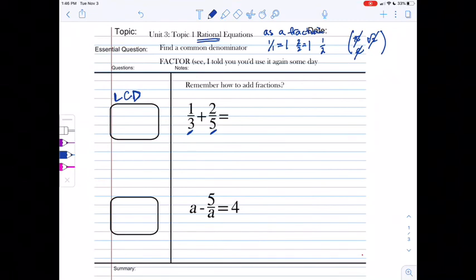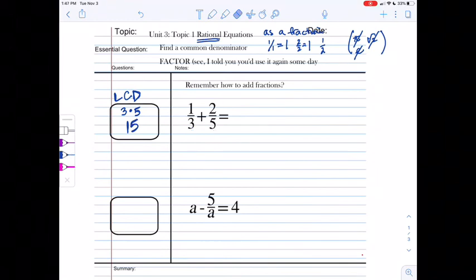For example, 30 could be a denominator that I would choose because 3 times something is 30 and 5 times something is 30, but that's not the least. So we always want to go with the smallest. In this case, we can't find a common factor for them, so 3 times 5, 15, is my LCD, or my common denominator.